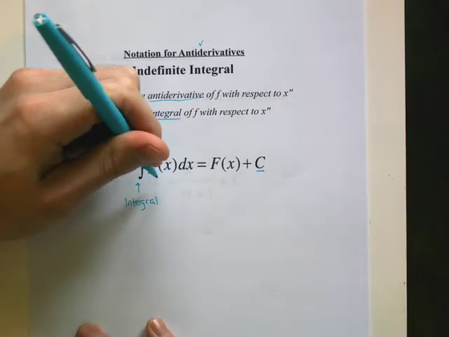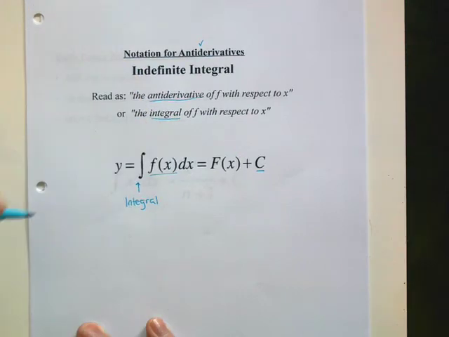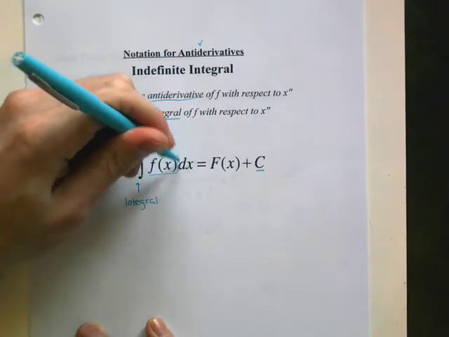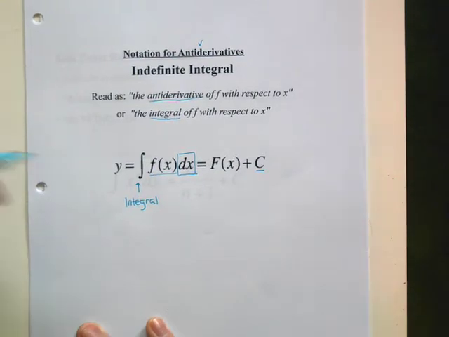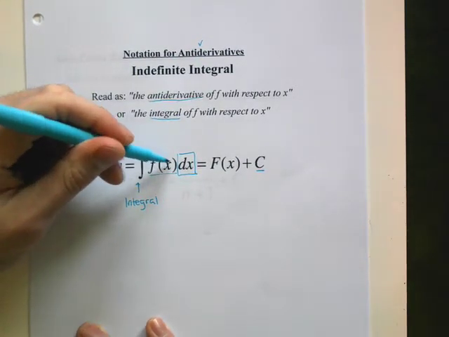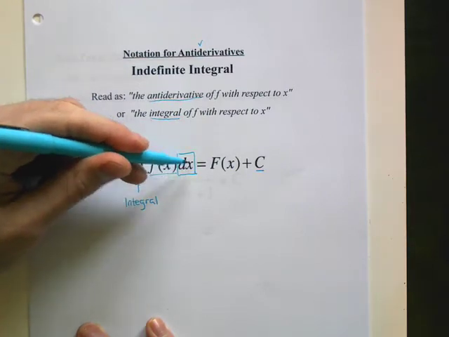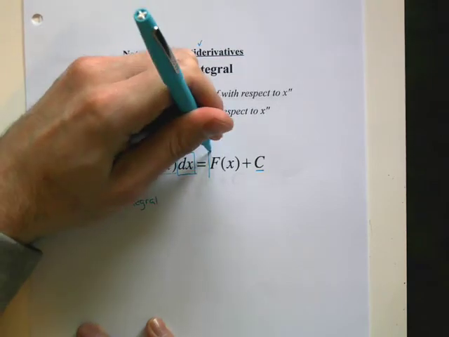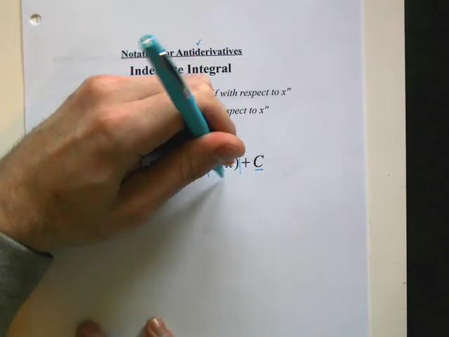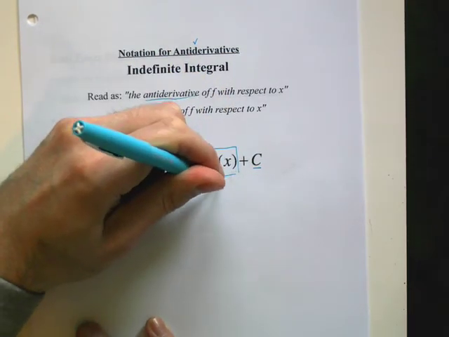This is your function that you're taking the integral of. This tells you what you're integrating with respect to, okay? So if this was f of y, this would be dy. If this was f of h, this would be dh, okay? And this denotes your original function that you got back to.